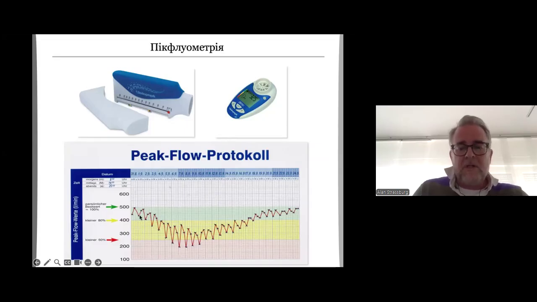They get a protocol, and we tell them to perform a peak flow meter test every morning and every evening, to document it in this protocol. And if there's a deviation of more than 20%, then it could very well be that there's an asthma underlying the symptoms of the patient.